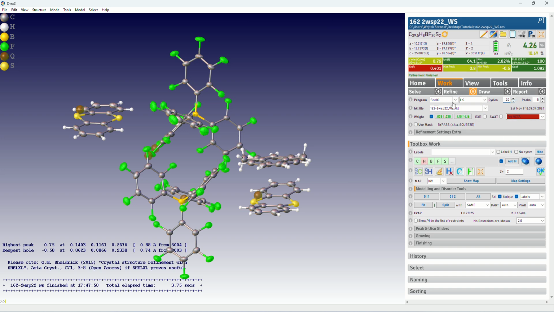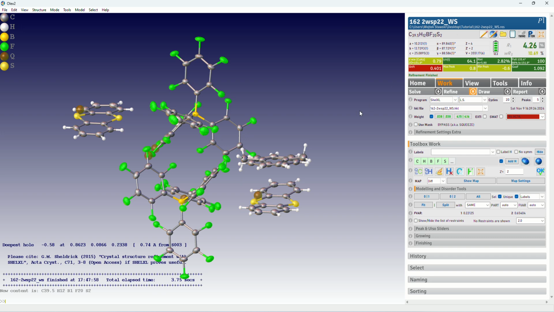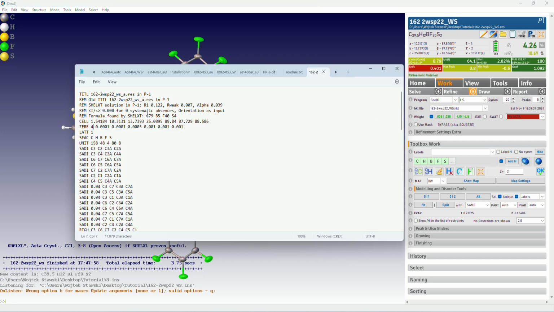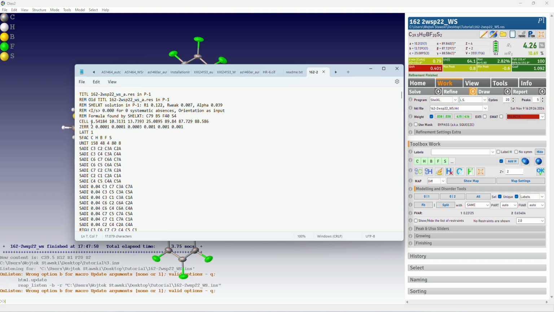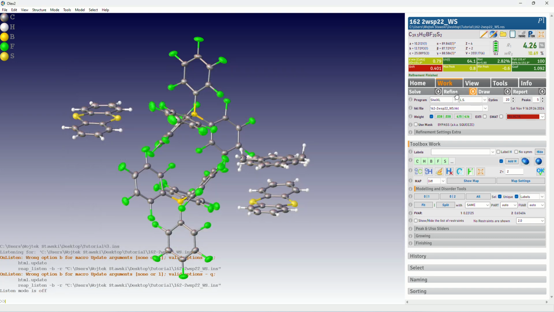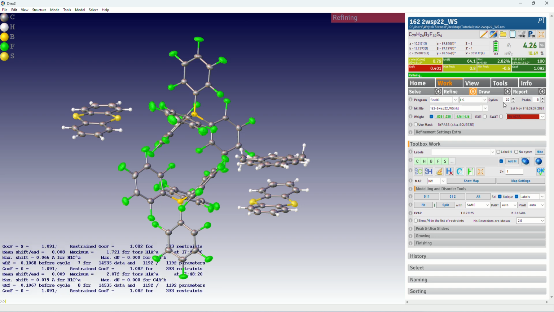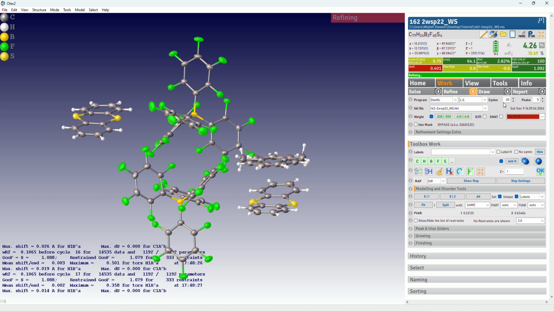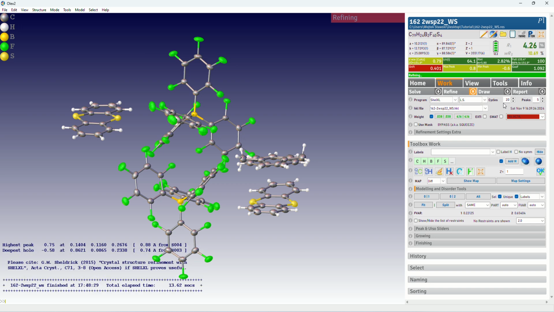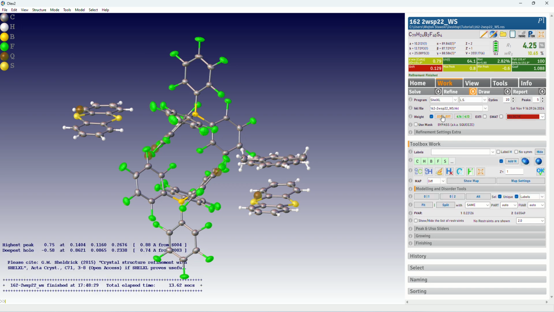Let's do more refinement cycles and also the things that I mentioned. Let's change 4 to 2, and 20 cycles. Okay, that's almost optimized, but let's also click ACTA.